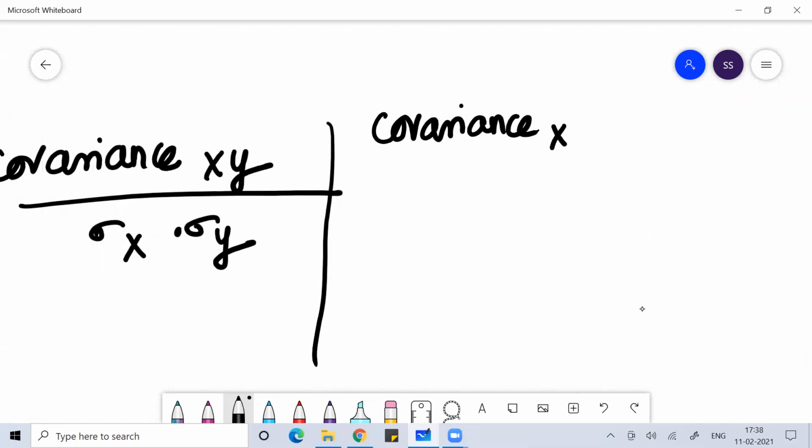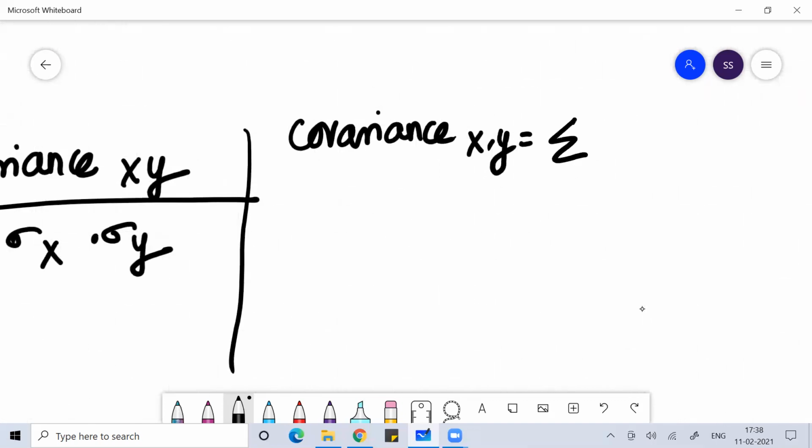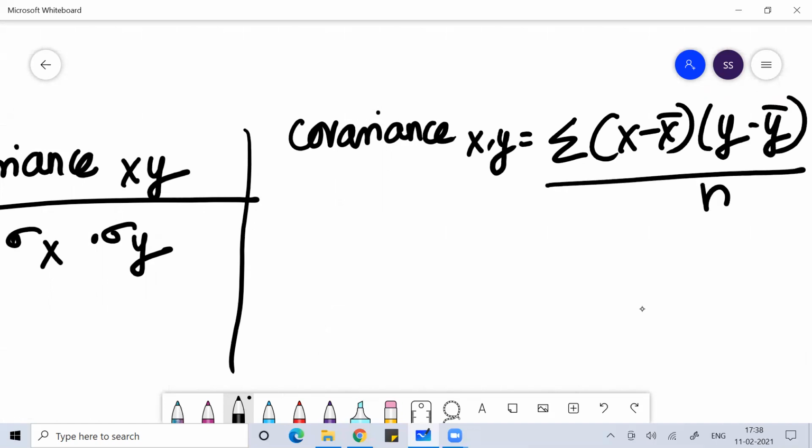Covariance of xy is summation of x minus x bar into y minus y bar by n.